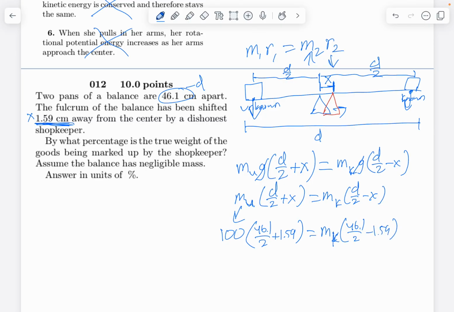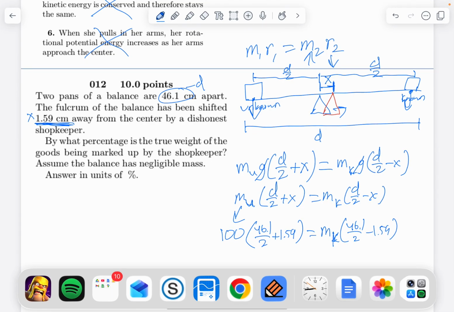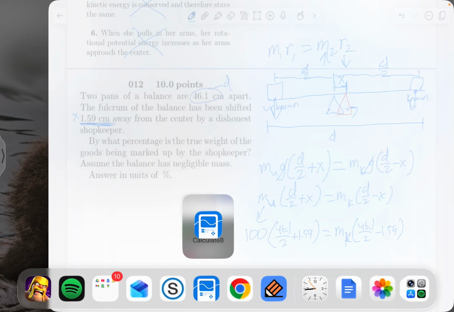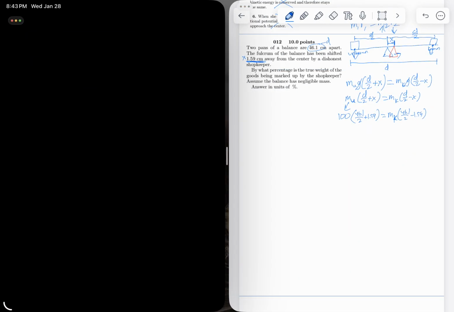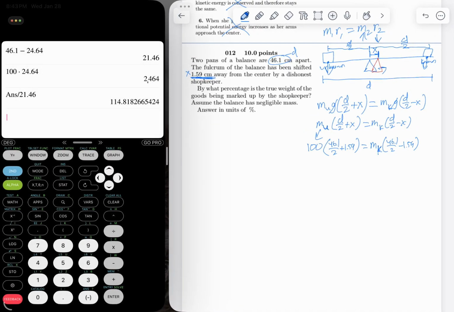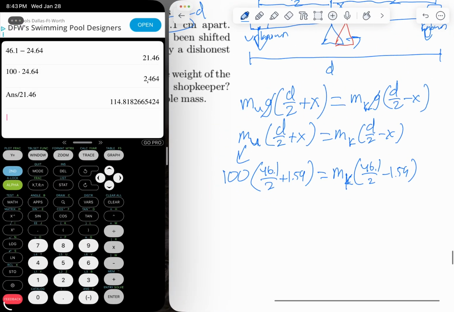Then you can compare and see what percent you're getting ripped off by. So if I put that in my calculator, on this side I'll do 100 multiplied by 46.1 divided by 2 plus 1.59.